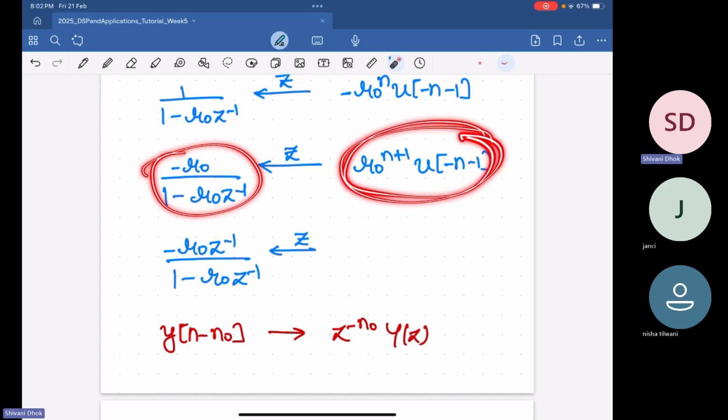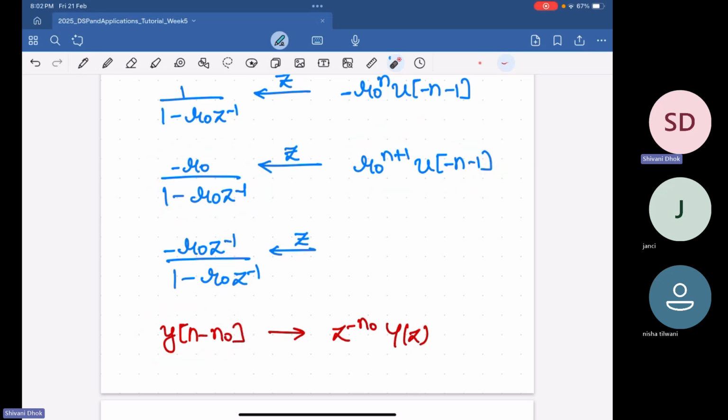So we need to shift this y(n) by n0, and here my n0 is 1. So then we'll replace every n in R0 to the power n plus 1 u of minus n minus 1 by n minus 1, giving R0 to the power n minus 1 plus 1 into u of minus (n minus 1) minus 1. This minus 1 plus 1 gets cancelled.